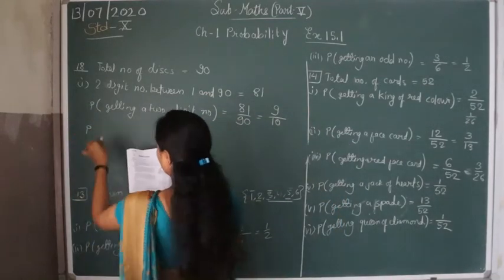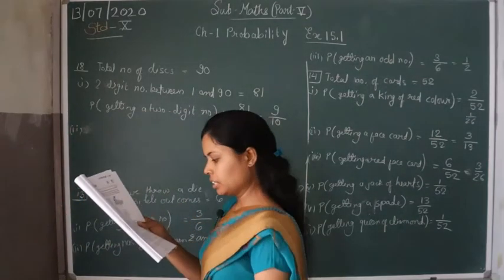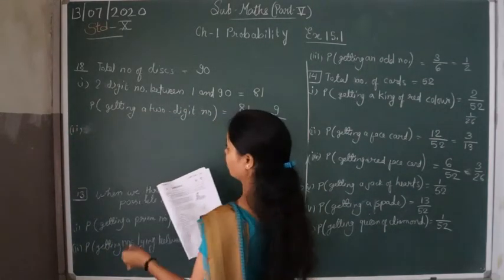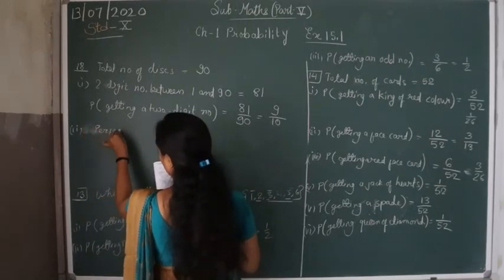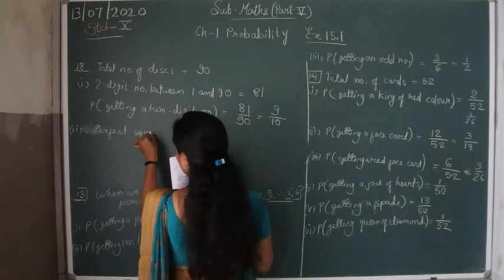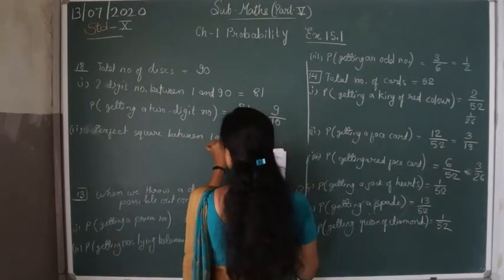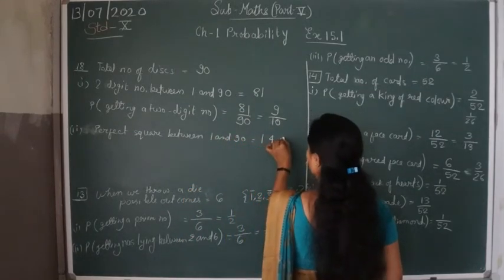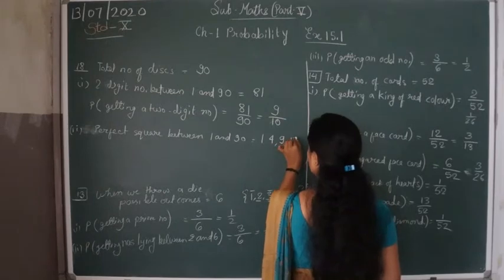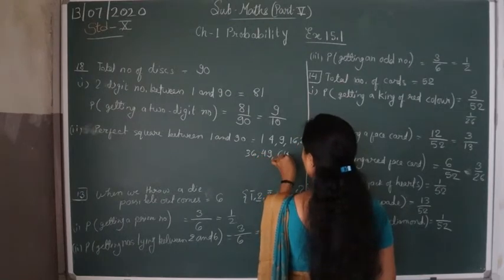Then next one, getting a perfect square. Perfect squares between 1 and 90. We know 1, 4, then 9, 16, 25, 36, then 49, 64 and 81.